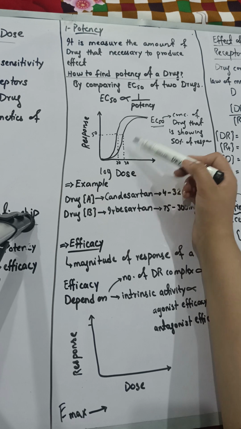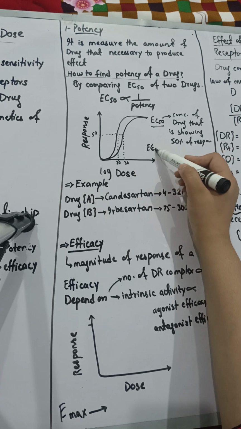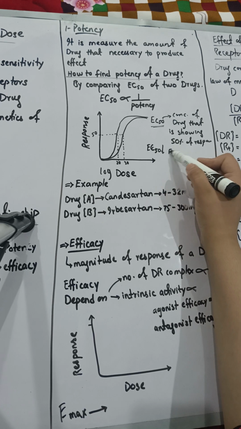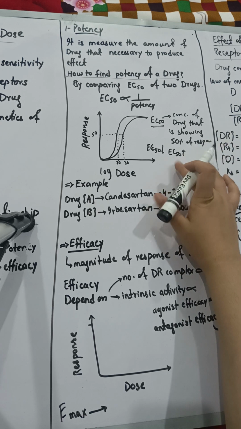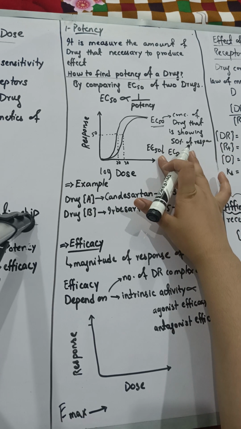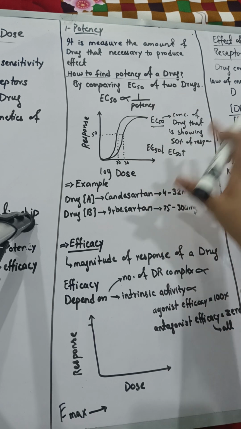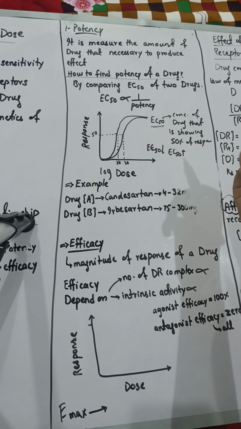So we can say that EC50 for drug A is less than EC50 for drug B. Now the drug which has low EC50 has high potency. So drug A has high potency and drug B has low potency.